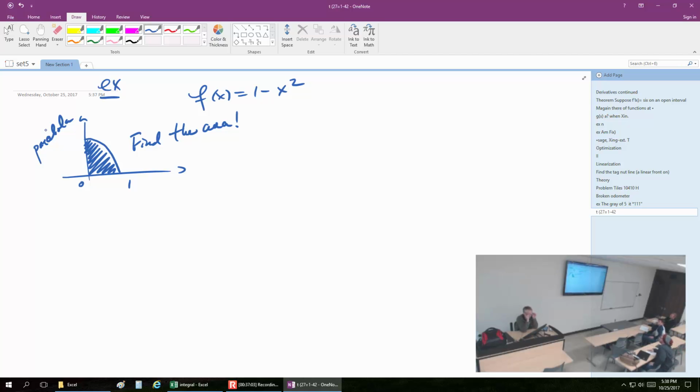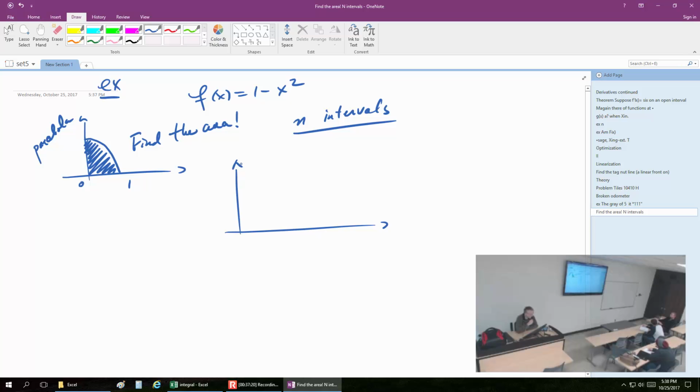Okay, so if we want an absolute accuracy, we want to go with an unspecified number n. So n intervals. We don't know what n is going to be. We want to compute for every n. We want to compute the Riemann sum and then take the limit. Whatever the graph looks like now doesn't matter.